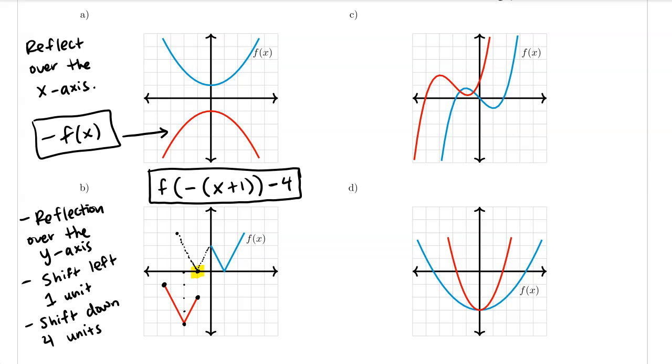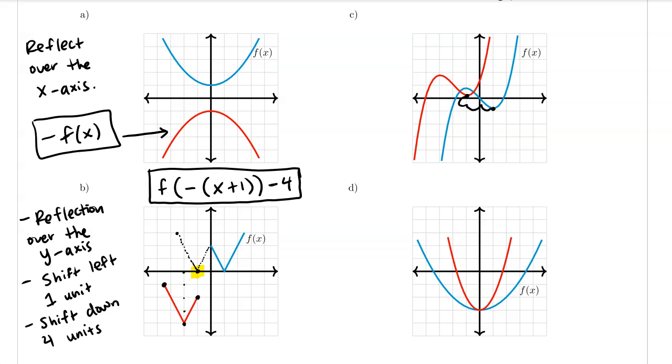Now, for part C, I'm going to follow the blue graph. We have this x-intercept here, and what's happening is that it's getting shifted 1, 2 units to the left, and then 1 unit up. And notice that that's happening for the other points as well. For example, if I followed this little valley here, this would be going left 1, 2, and then going up 1 unit.